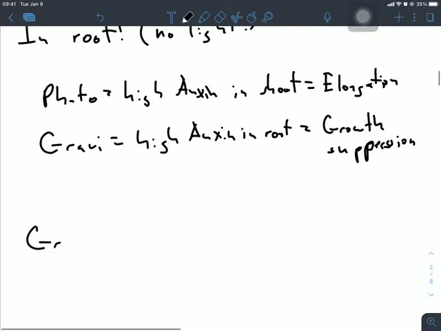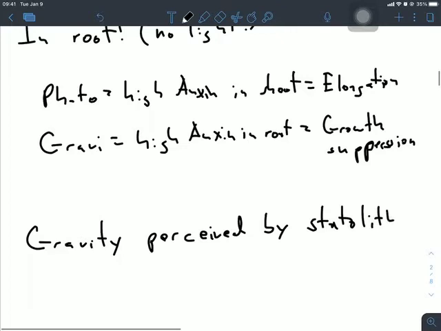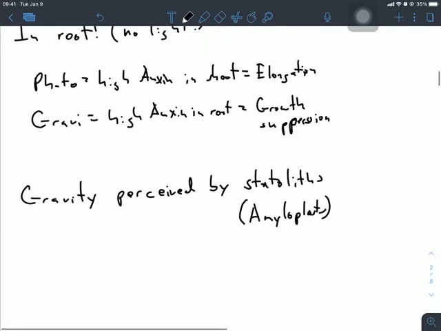So gravity is perceived by statoliths. And statoliths are actually amyloplasts. So again, this is an artifact of the fact that we named them before realizing what they were in terms of organellarly what they were. But an amyloplast is a starch storage organelle.